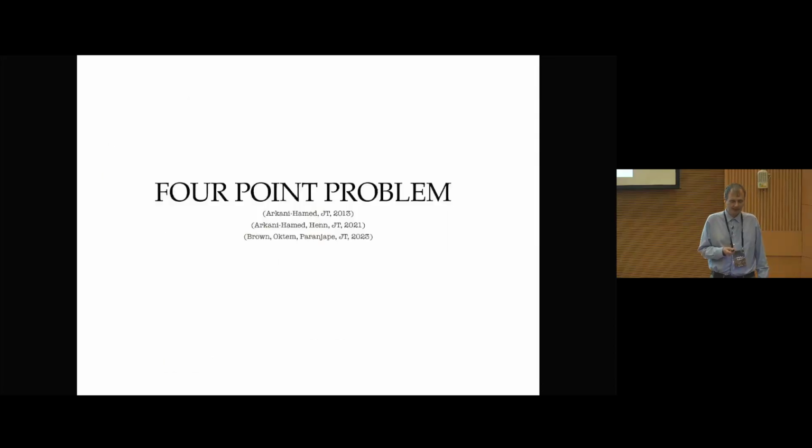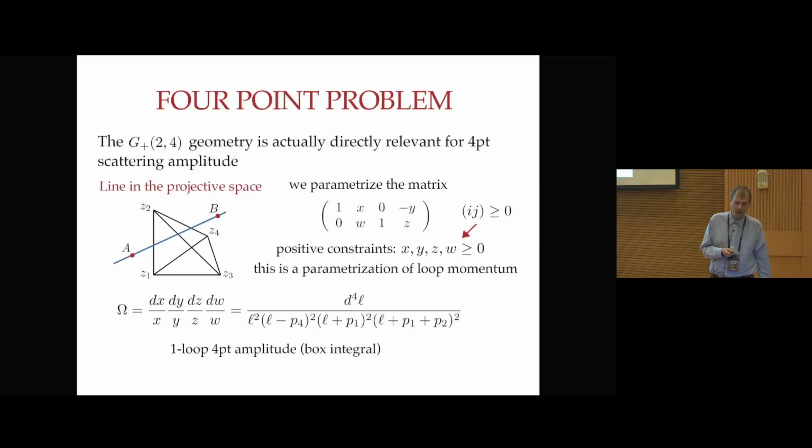Now, I will look here at one particular case of that. We will not discuss the general amplituhedron in more detail, but we will look at the 4-point problem. So we will look at the simplest scattering in this theory, which is 2 to 2 scattering. So, 4-point amplitudes.